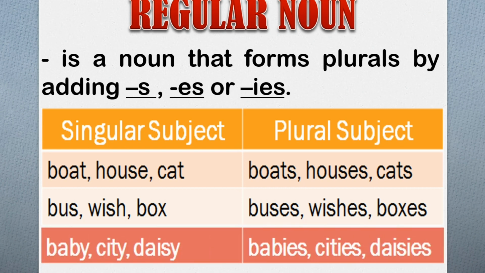Other examples are baby, city, and daisy. As you can see, these three examples end in the letter Y. So we're going to remove Y, change it to I, then add es to make them plural subjects such as babies, cities, and daisies.